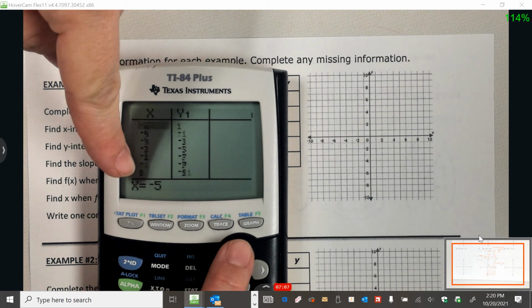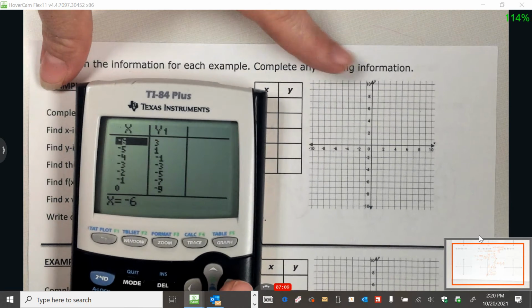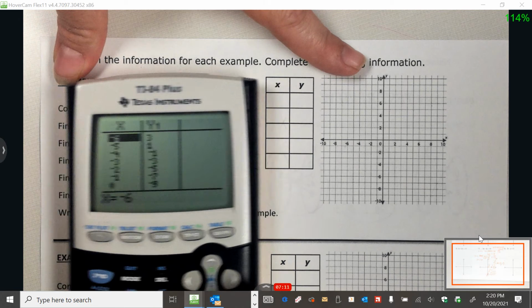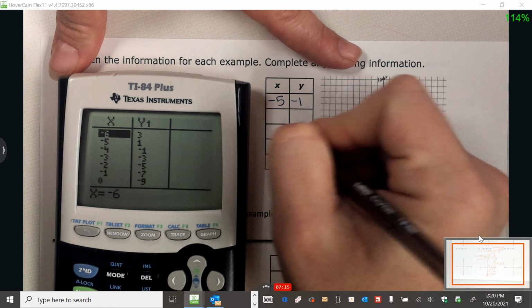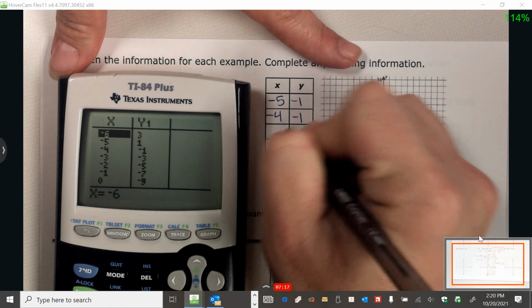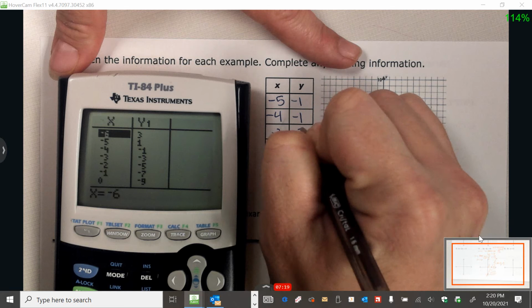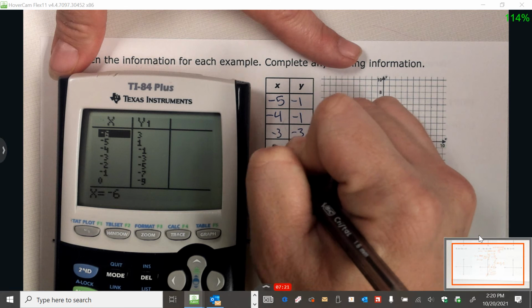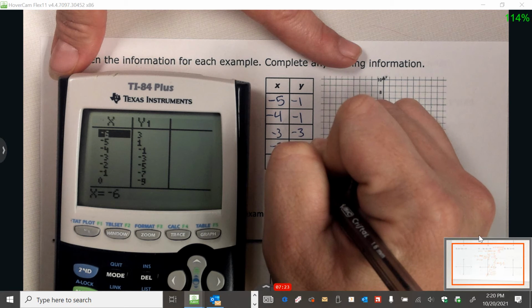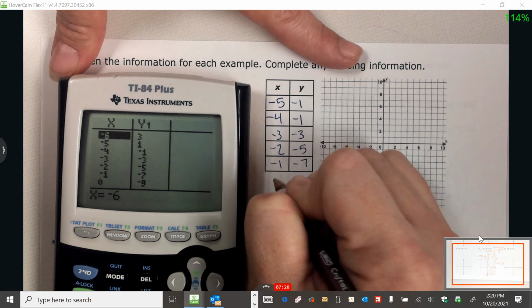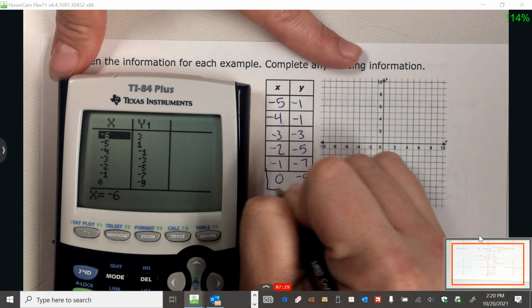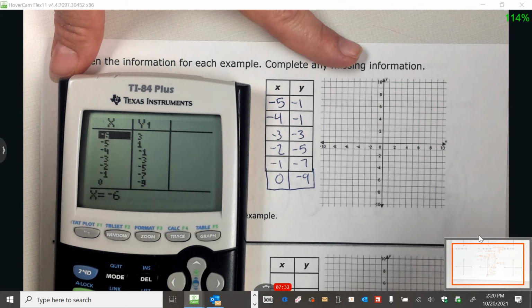So this is my lowest point, and I'm just going to plot those. So I am going to fill some of these in. I'm going to go ahead and add one more point to my graph.